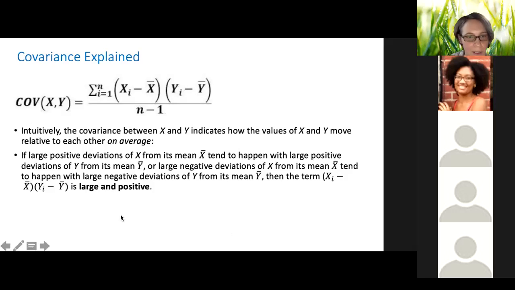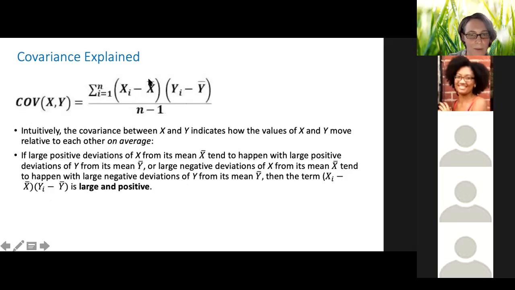And if large positive deviations of X from its mean tend to happen with large positive deviations of Y from its mean, or if large negative deviations of X from its mean tend to happen with large negative deviations of Y from its mean, then this cross product here is large and positive, right?